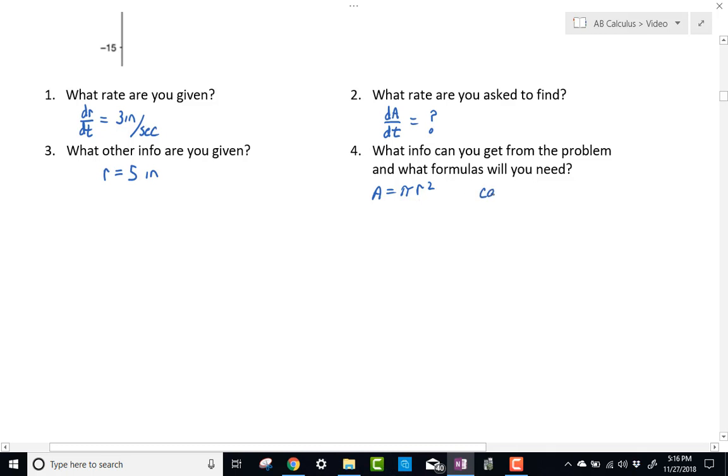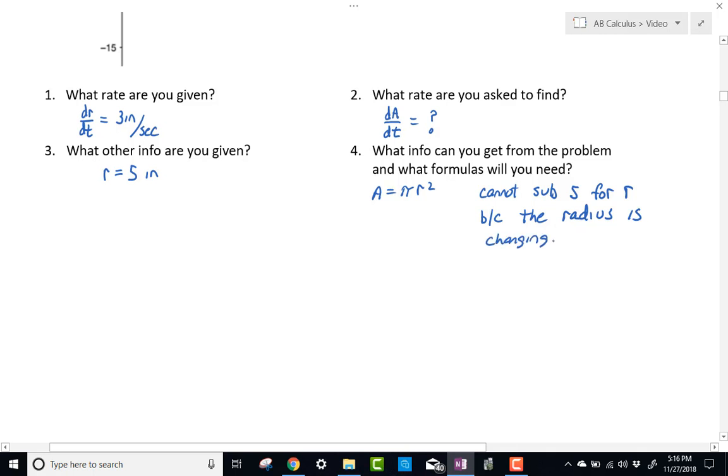You cannot substitute 5 for r, because, and this is going to be in every problem that we do, the value of r is changing. The radius is changing.